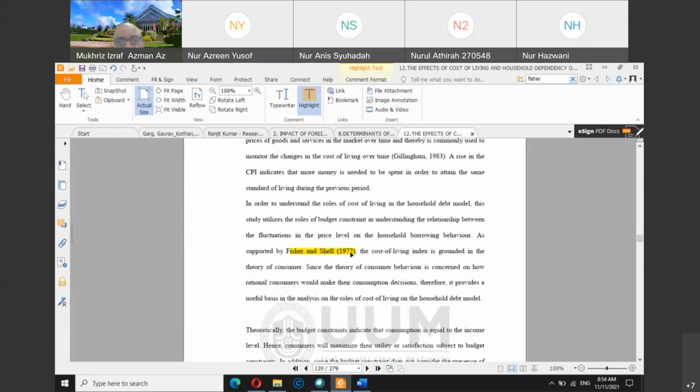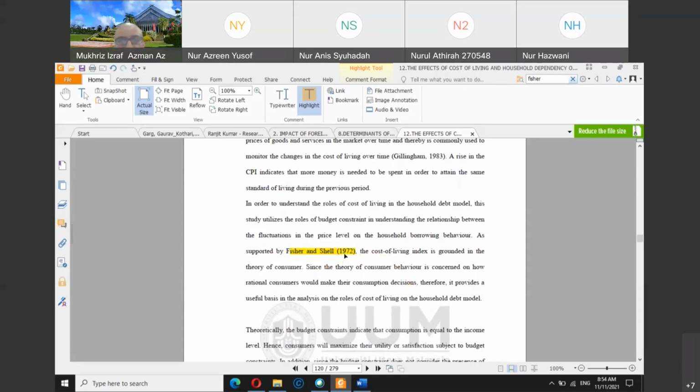So this is the first way how you want to cite an article from a book or from a journal. The name in bracket the year. According to Fisher and Shell 1972, the following sentence is supposed to refer to what Fisher and Shell mentioned.